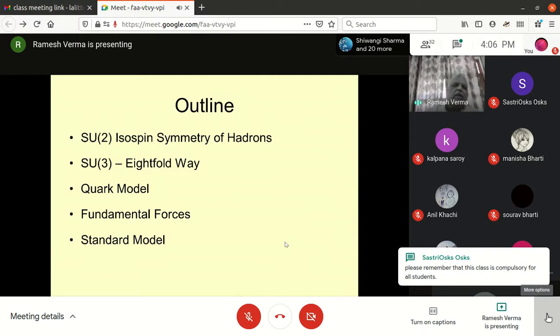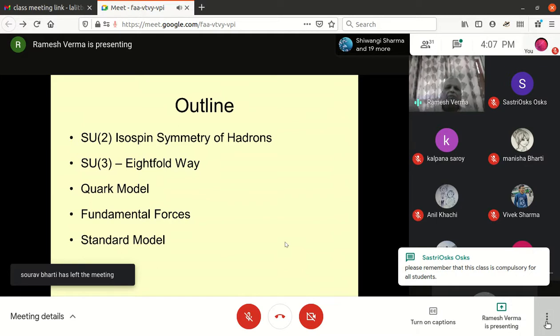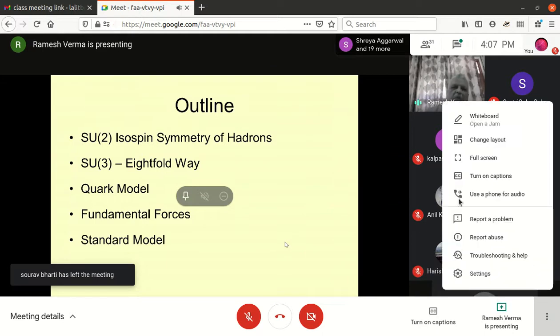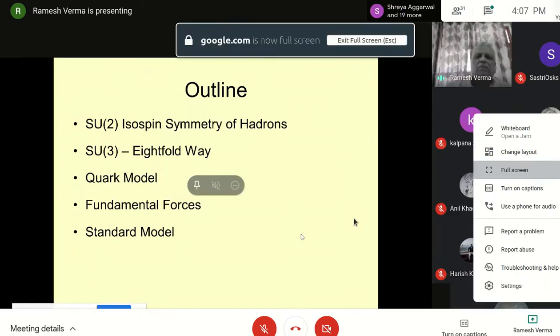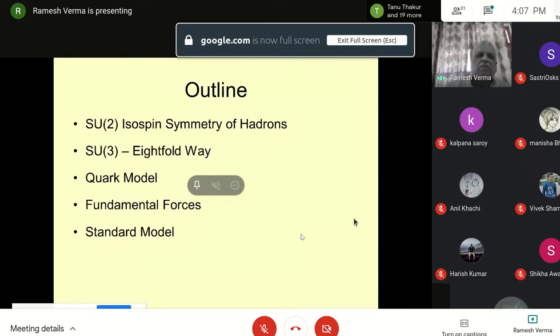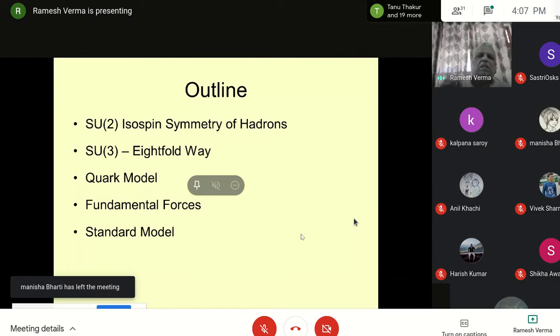So with that, I ended up with some understanding of the SU2 group, special unitary group in two dimensions describing spin, which was simply taken over as an isospin symmetry. As far as the mathematics is concerned, SU2 spin or SU2 isospin, there may be other kinds of SU2 groups we will come across in particle physics. So their mathematical structure remains the same.